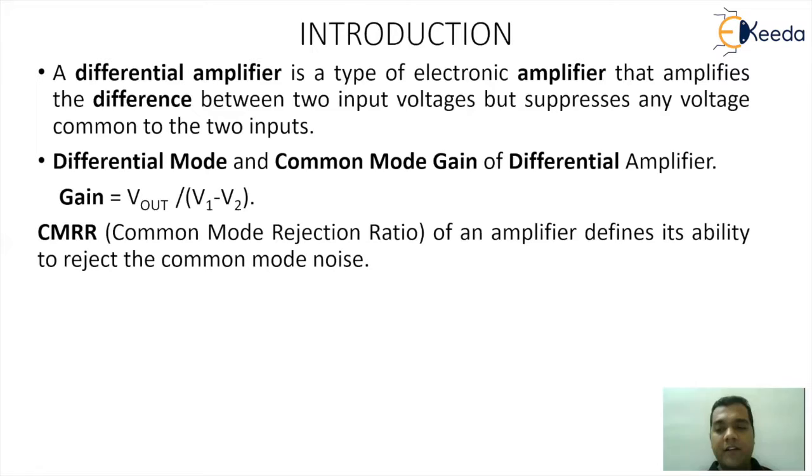That's the reason we take the ratio of the performance of the system: the gain under differential mode divided by the gain in the common mode. When you take the ratio of both parameters, you get the new parameter defined as CMRR.